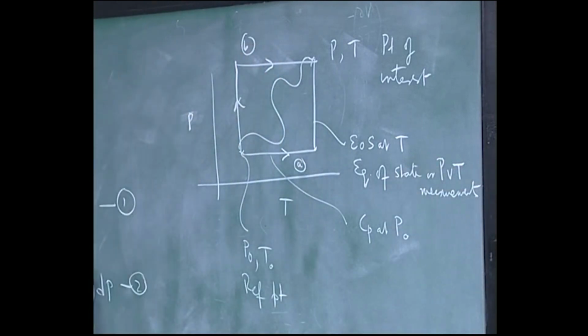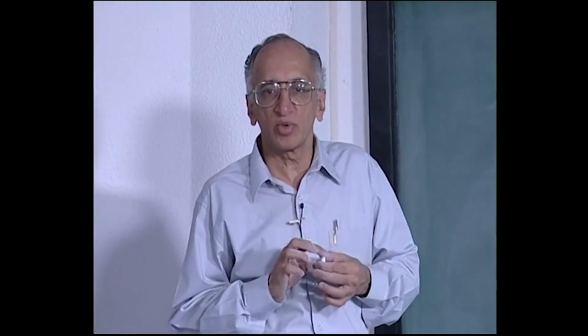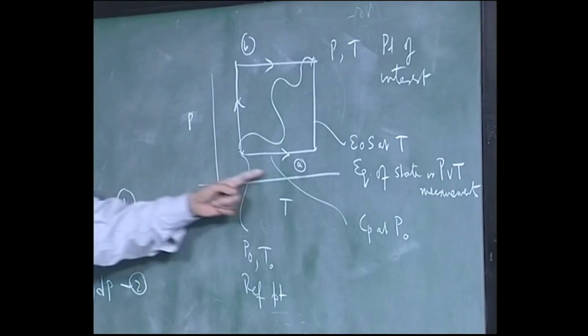All our equations of state are practically empirical. You can derive them also from molecular theory, but you will have to have an empirical input in terms of what the intermolecular potential is. Given the potential, I can calculate the equation. So this is what I need along this path.